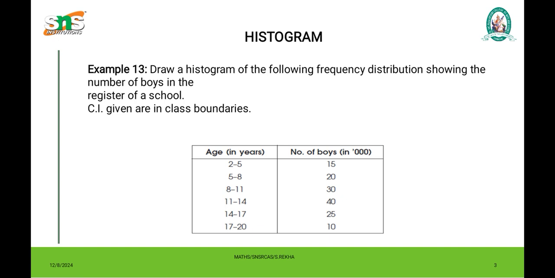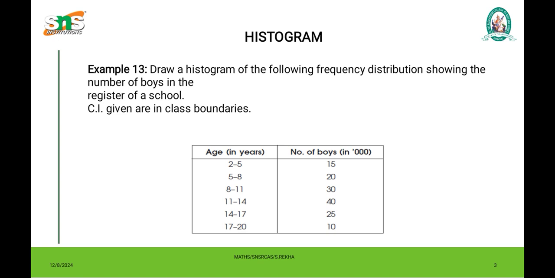For example, how to draw the histogram. Take the number of boys in the class register, and based on that, the frequencies are given. For example, for a class like 8th standard, or else for the school, we have to identify how many boys are studying in each age group: 2 to 5 years, how many boys are studying, 5 to 8, how many boys, like that.